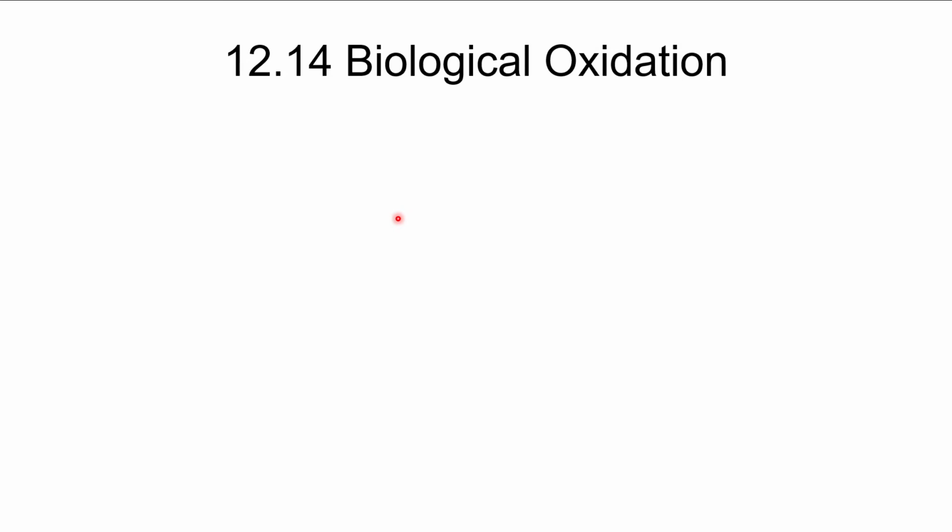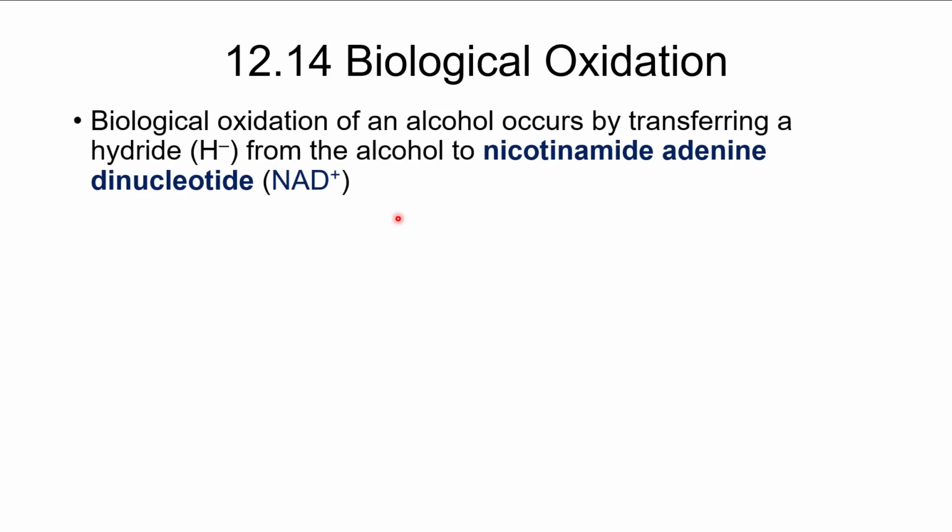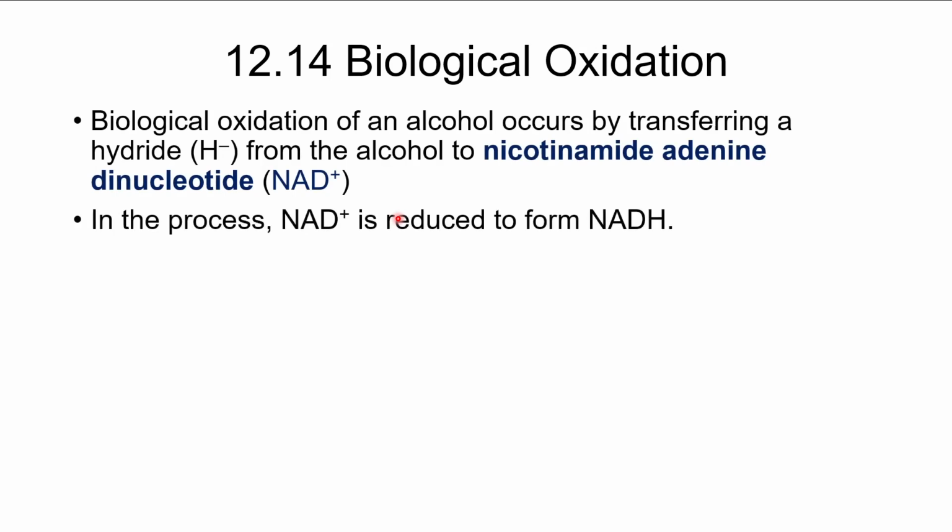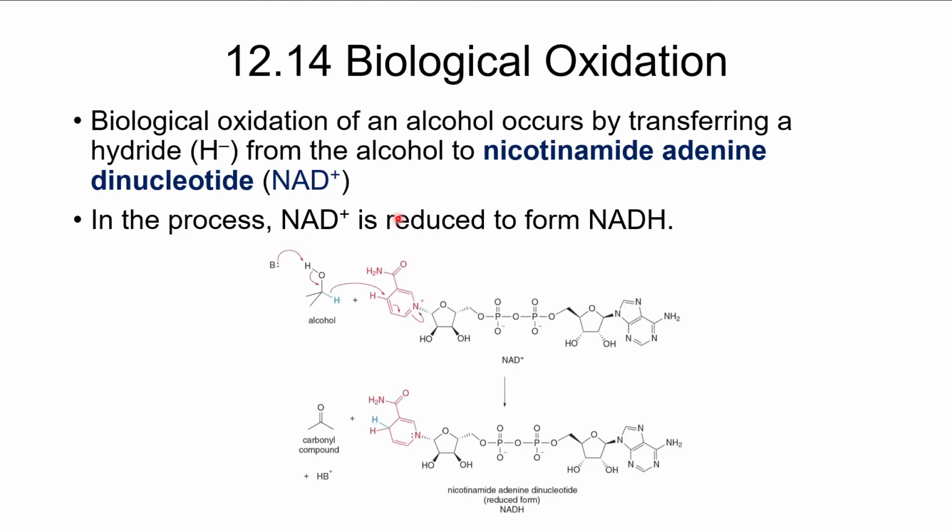All right, it is possible to oxidize using other reagents. There is one that's naturally occurring that will convert alcohols into aldehydes, and that is NAD, nicotinamide adenine dinucleotide, which is this big old thing.